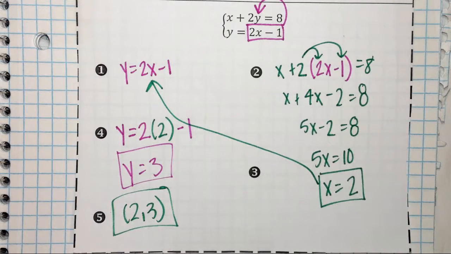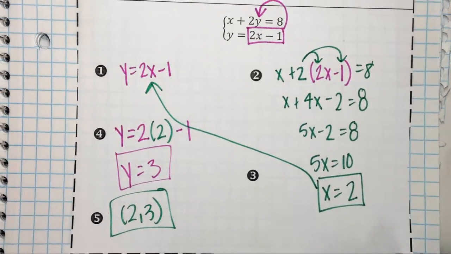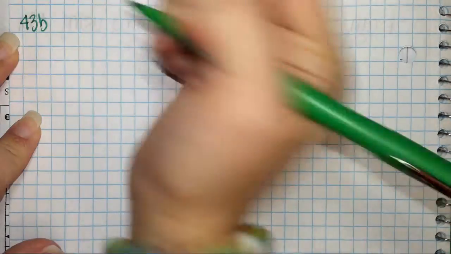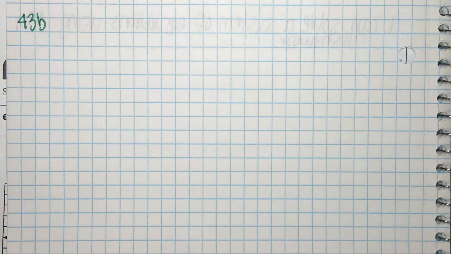Alright, so we're going to work our problems out on the back. We're going to call it 43B. As in potato. And the directions for our example will say solve each system.